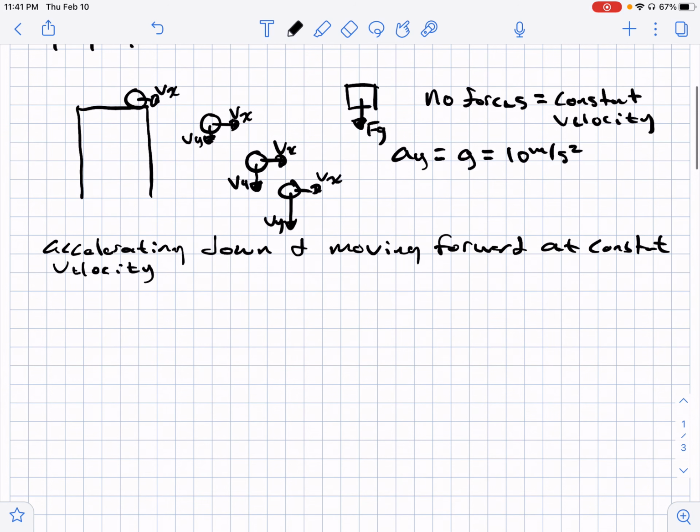Now, what you can see there is we have two directions of motion. We have a horizontal and then we have a vertical direction. And the key thing here is that they are independent of each other.